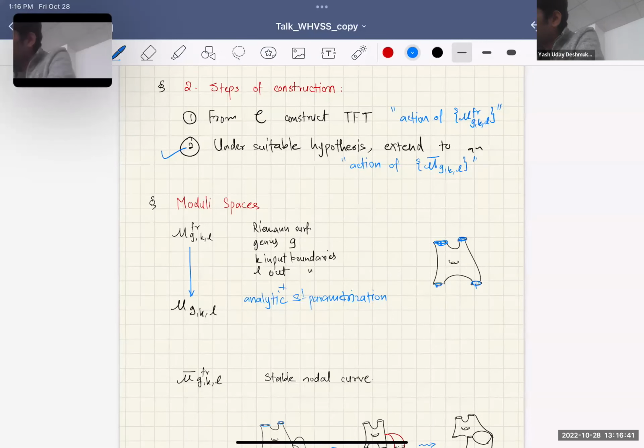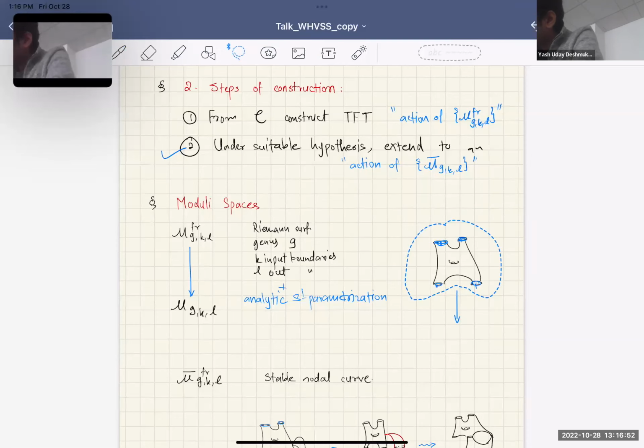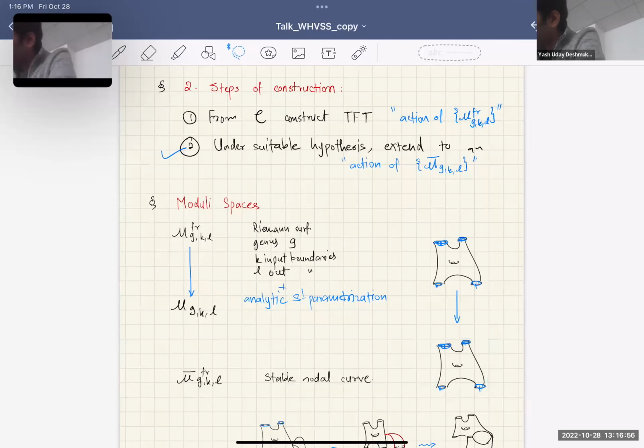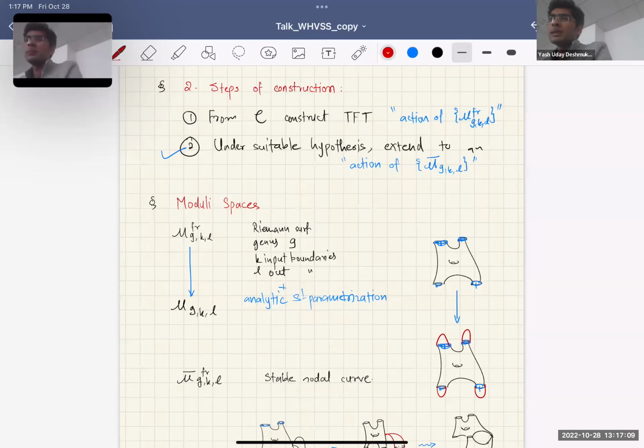The way you construct this map is you start with your surface with boundary parameterizations, and you take the same surface and glue in disks at each boundary, using the parameterization of the boundary.